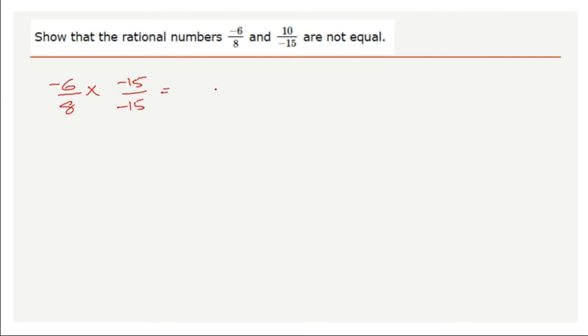If I do that, I'll be getting 90 upon minus 120. The second number, 10 by minus 15, I will multiply both numerator and denominator by 8, so that the number obtained is 80 upon minus 120.